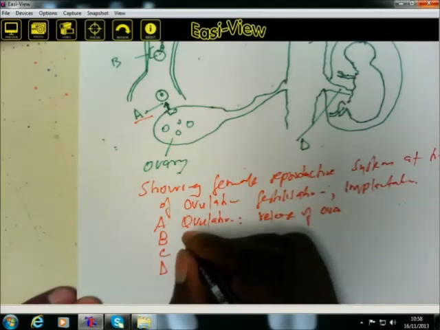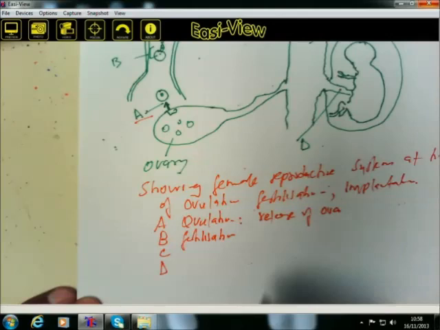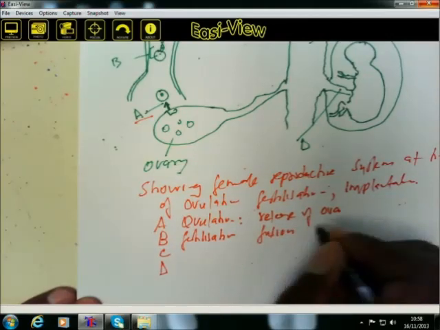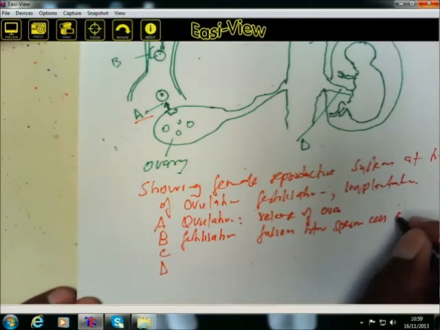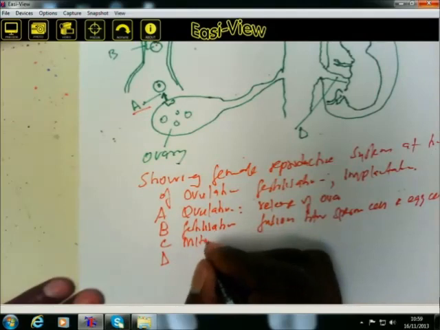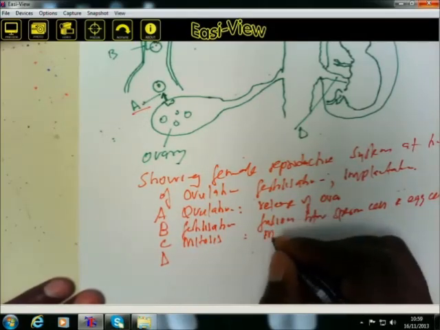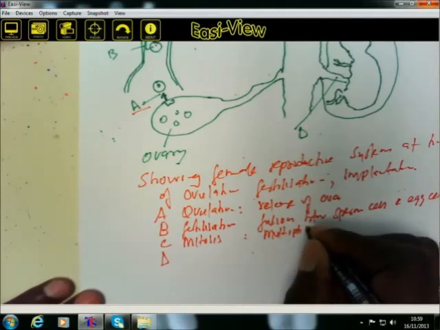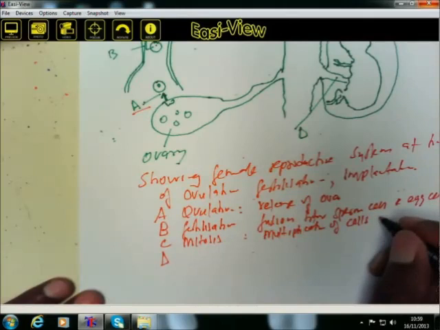Here, the second one is called fertilization, which is B, meaning the fusion between the sperm cells and the egg cell. Then C is mitosis. Mitosis meaning multiplication of cells. And then to form an embryo.